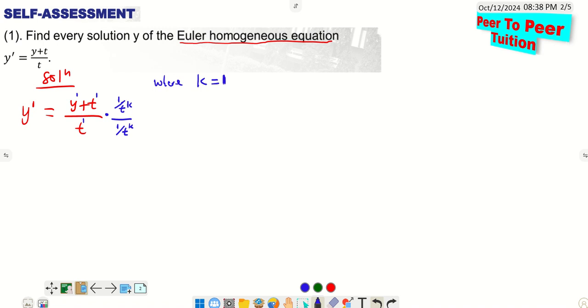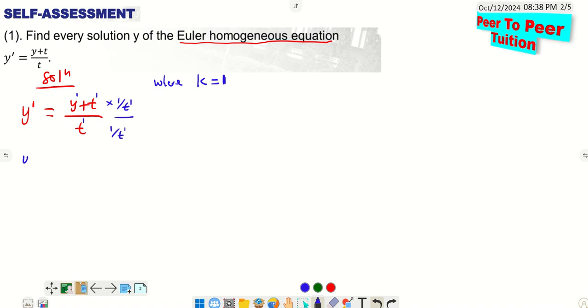So we have to multiply each term by 1 over t to the power 1, which is the same as 1 over t here. Then we also multiply the denominator by 1 over t.